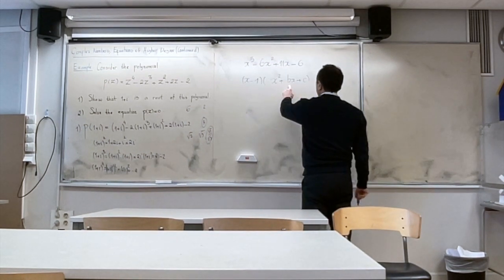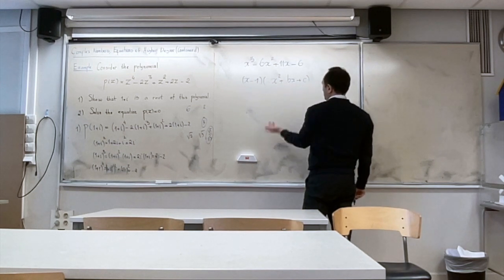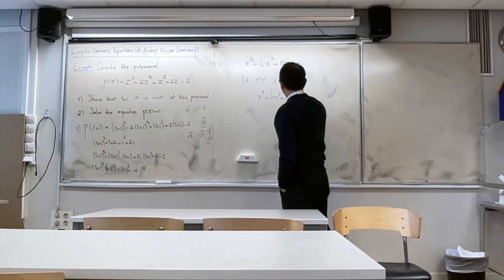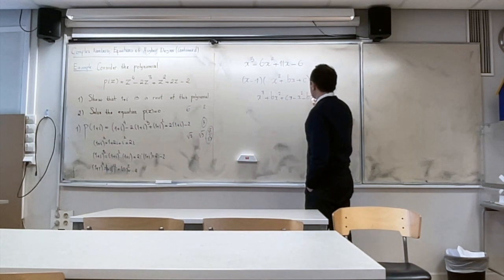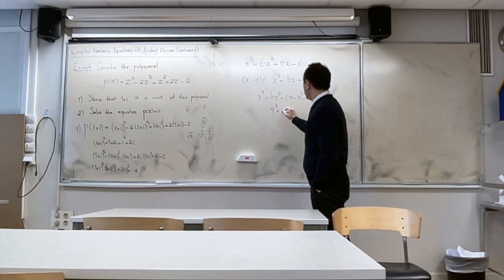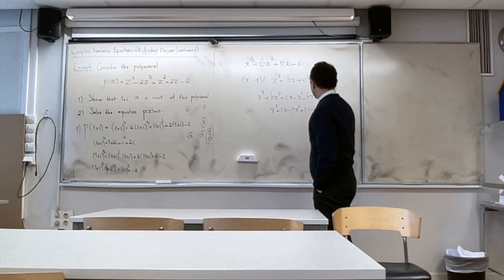And then use the method of undetermined coefficients just to determine these two, which is of course much simpler. Now if I multiply, it becomes x cubed plus bx squared plus cx minus x squared minus bx minus c. And then it becomes x cubed plus b minus 1 times x squared, and then I have c minus b times x minus c, and I compare it with that one.